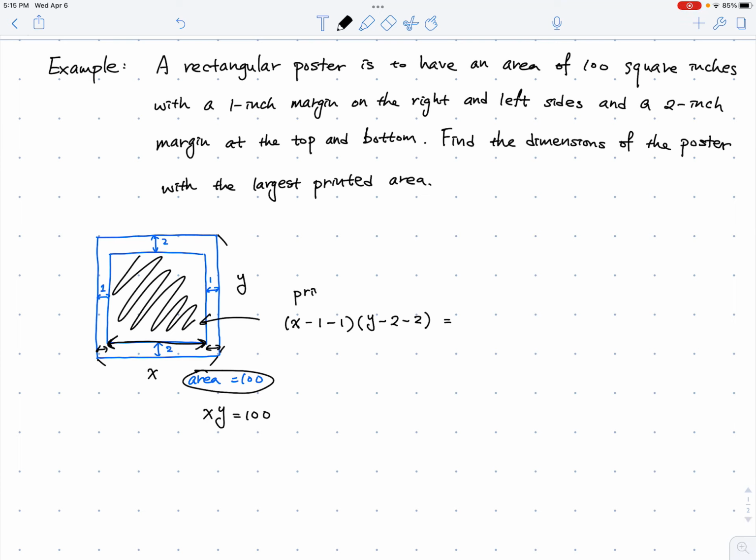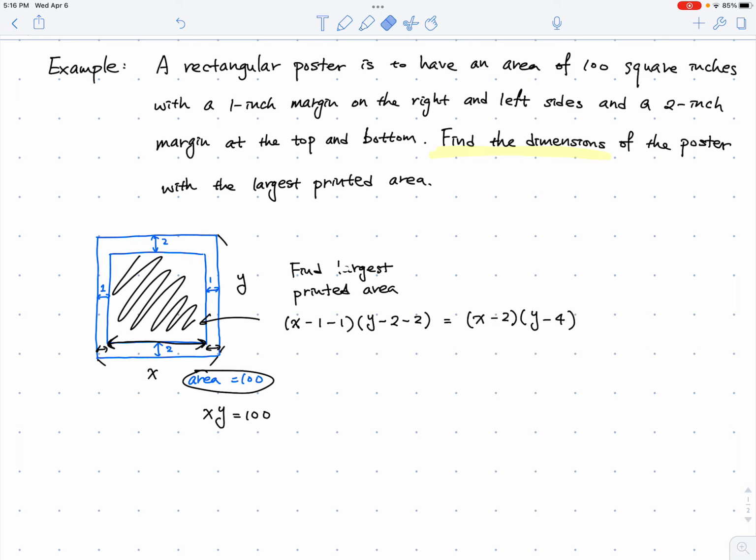So the printed area has size x minus 2 times y minus 4. Okay, and you want to find the largest printed area. If you read the question, you're looking for the dimensions, the x and y, so that you have the largest printing area.